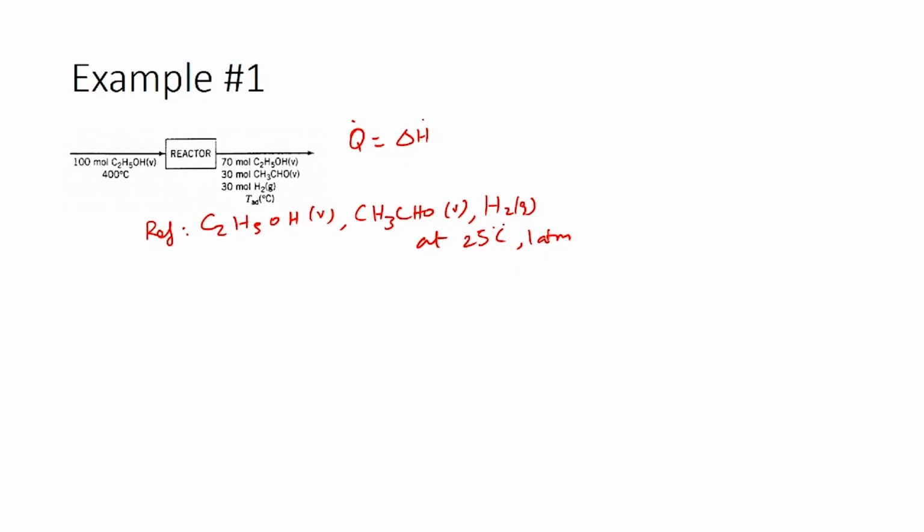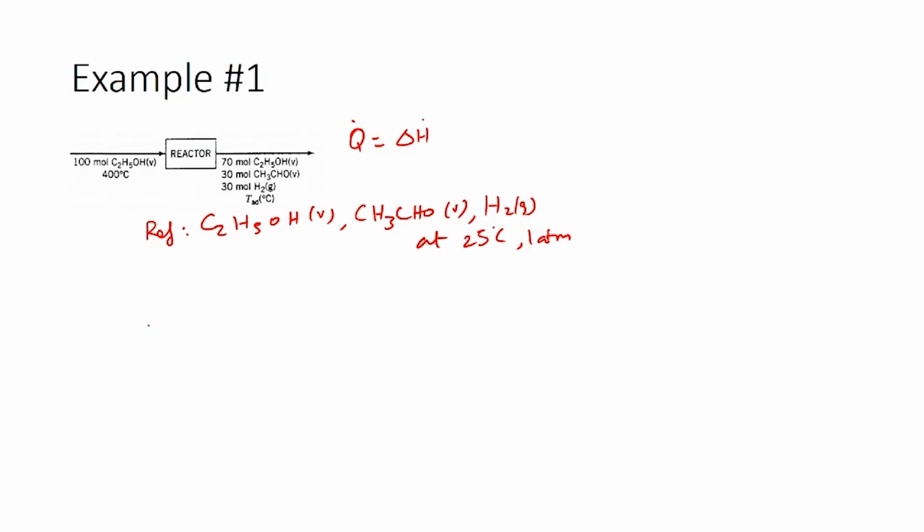Again, please remember that when I say reaction, I am talking about the equation and not the process itself. Obviously, in the process ethanol is coming in at 400 degrees Celsius and it is leaving at a temperature of T degrees Celsius. We are interested in using the standard heat of reaction, therefore we are using these values at 25 degrees Celsius.